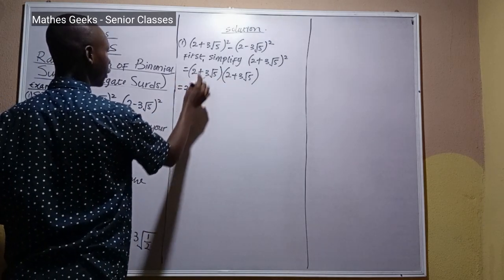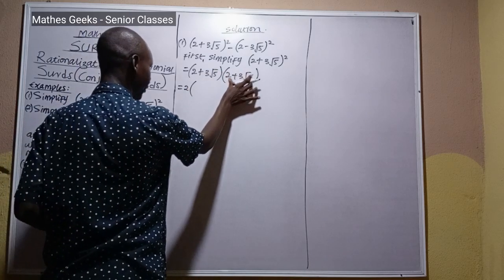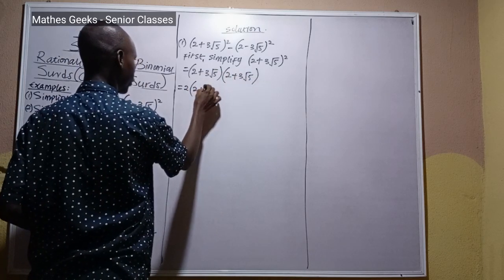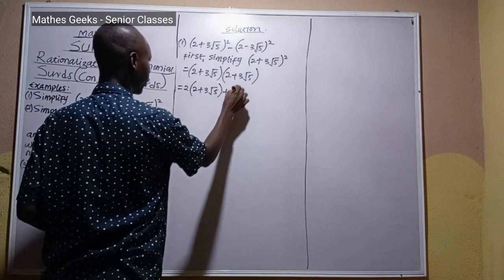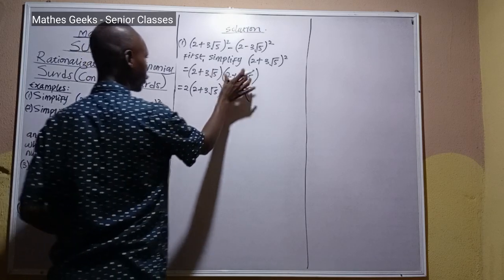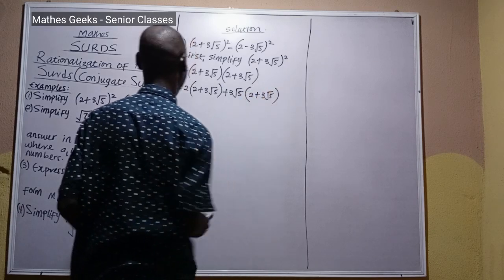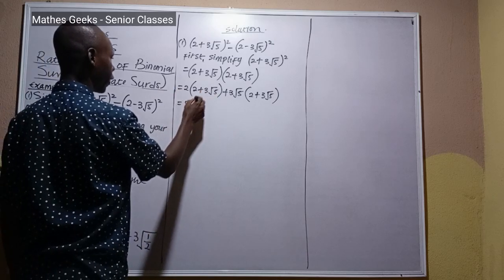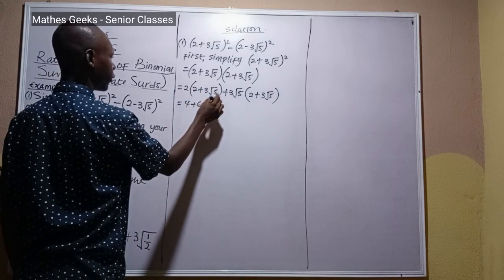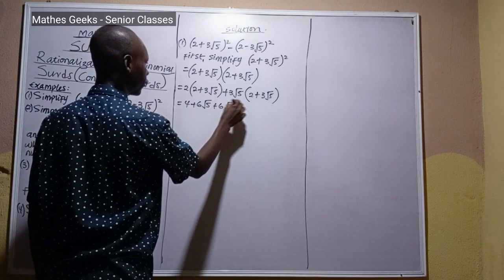The first term in the first bracket will multiply both terms in the second bracket, plus the second term in the first bracket multiplies both terms in the second bracket. 2 times 2 is 4. 2 times 3 root 5 gives 6 root 5. Plus 3 root 5 times 2 gives 6 root 5.